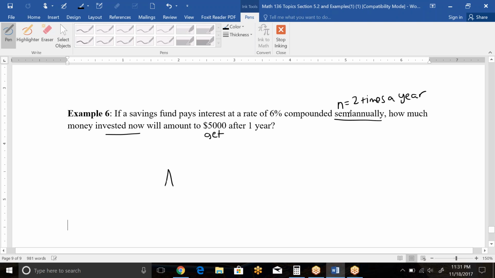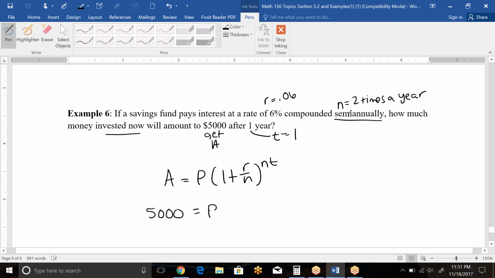So 5,000 is A. So A equals P parentheses 1 plus R over N to the NT. Rate is 0.06. Time is 1 year. I think we have everything but P. So this is 5,000 equals P parentheses 1 plus 0.06 over 2, all to the 2 times 1.